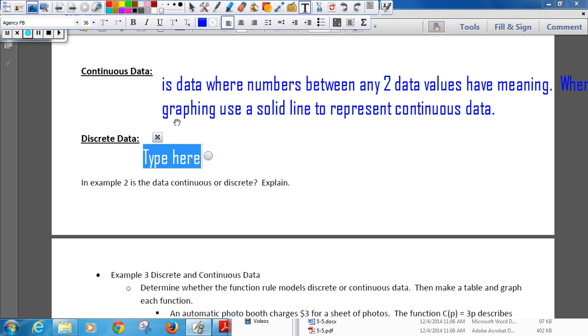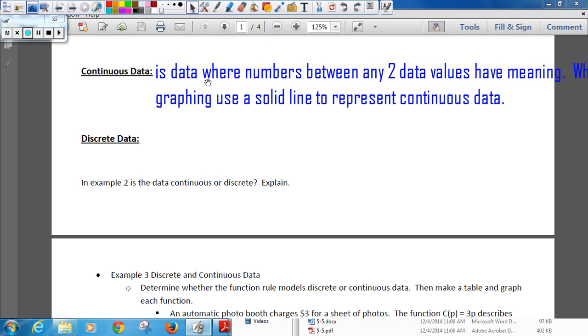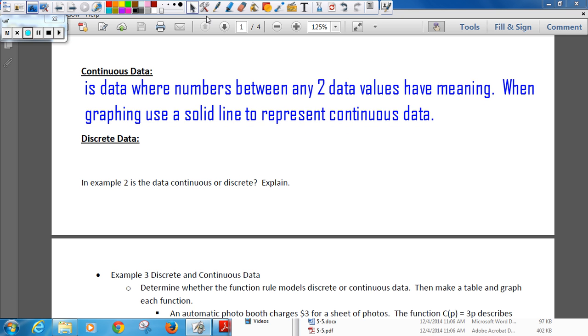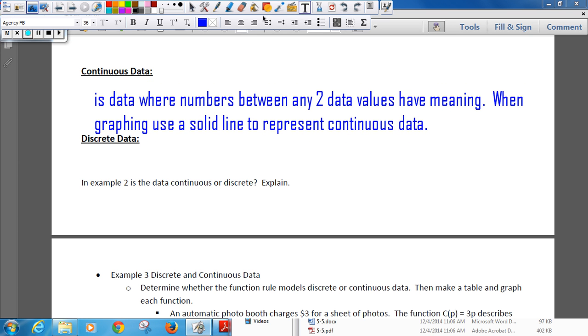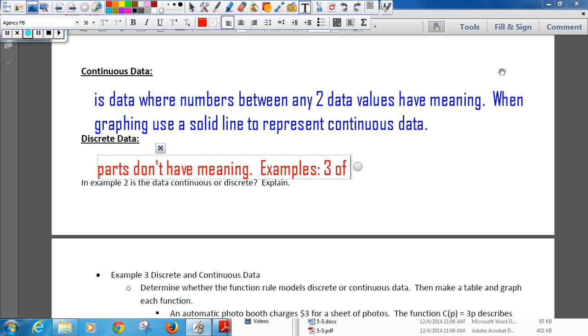Discrete data is where parts don't have meaning. Examples of this would be when you're talking about number of people.